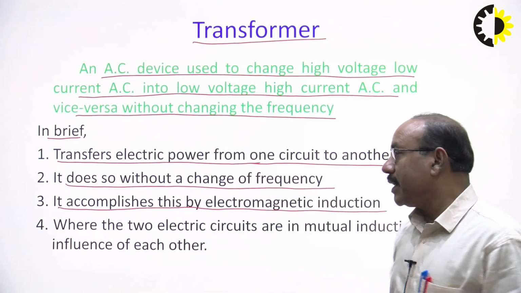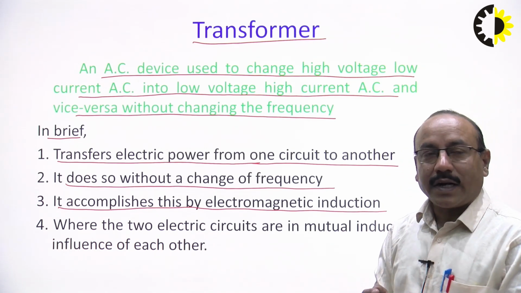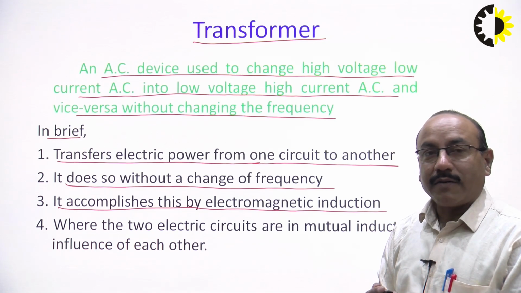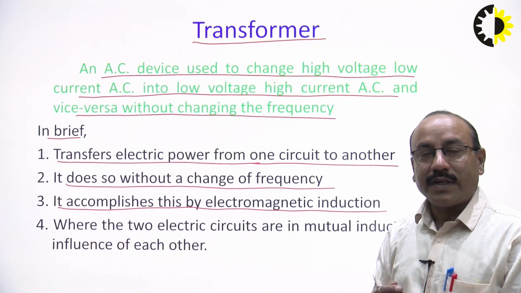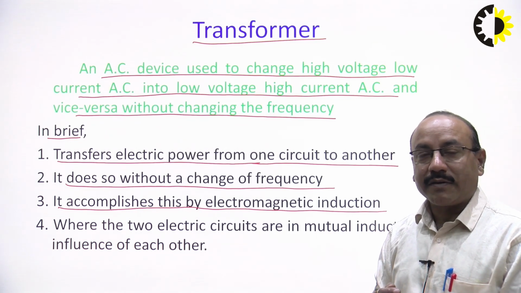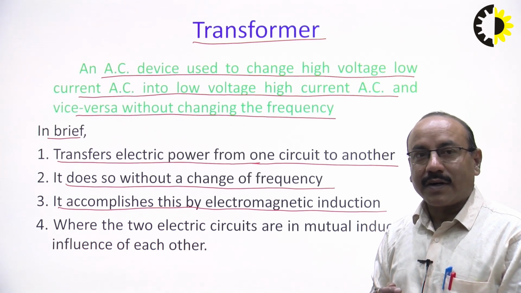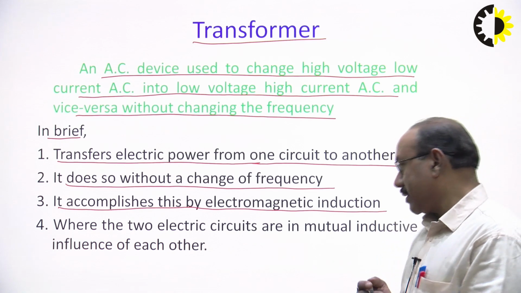That has already been discussed in the other topic, where I covered the transformer in detail: working principle, definition, construction, the ideal transformer and the EMF equation of the transformer. All those topics have been covered in that discussion.